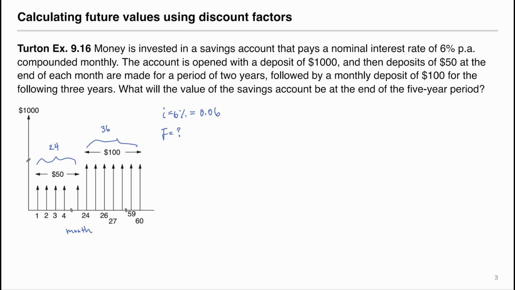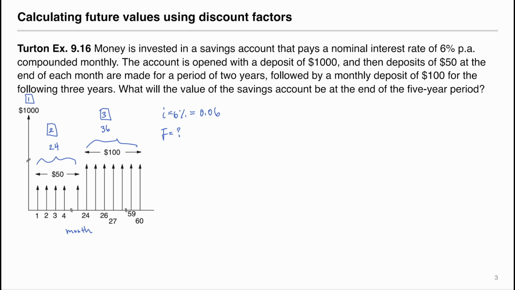We have a present value of 1,000 initially, and then 2 annuities, because we have consecutive uniform payments for 24 months and for 36 months. We can break it down into 3 segments. First is the initial deposit. The second is the annuity for 2 years, which is 24 months. And the third is the annuity for 3 years, or 36 months.